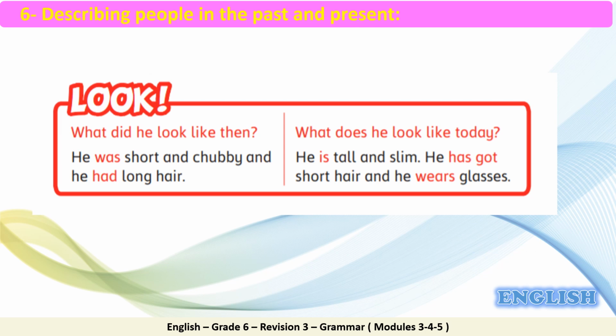We have was and had. On the other hand, what does he look like today? He is tall and slim. He has got short hair and he wears glasses. Here the question is in the present, and the answer is in the present. He is, he has got, and he wears.